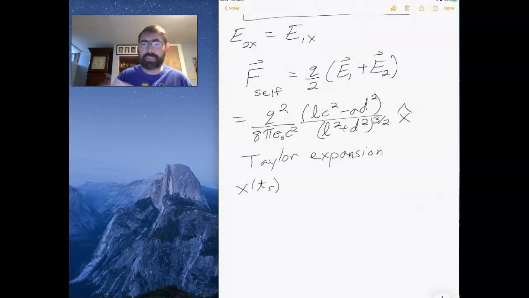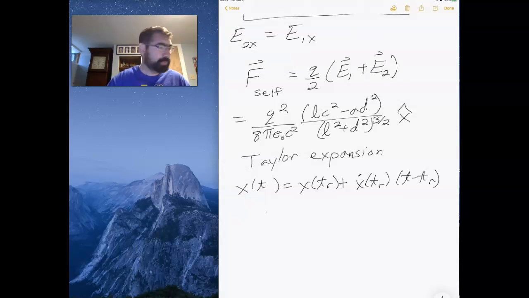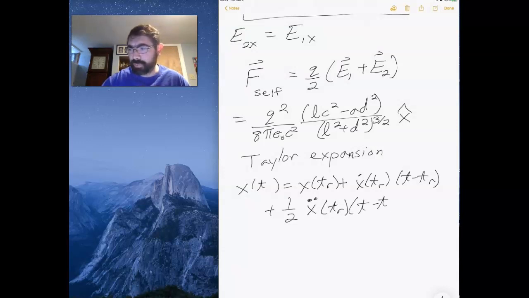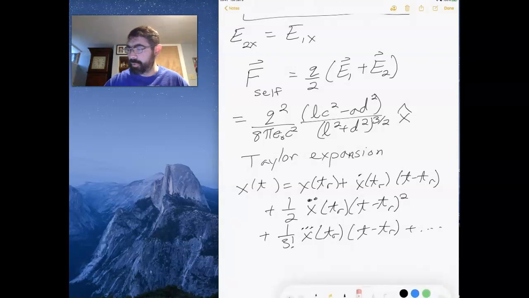So x at the time measured now is equal to x at the initial time plus the derivative of x at the initial time times the time difference, plus 1/2 the second derivative of the position taken at the initial time times the time difference squared, plus 1/3 factorial the third derivative evaluated at the initial time times that time difference cubed, and so forth and so on.